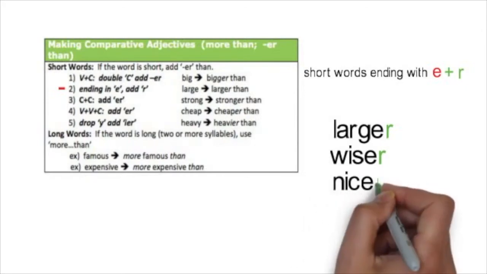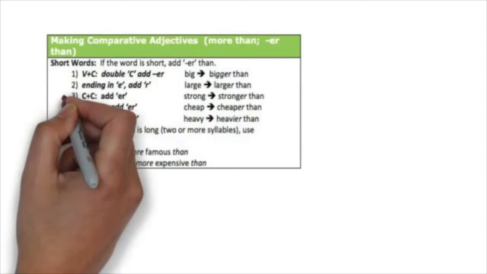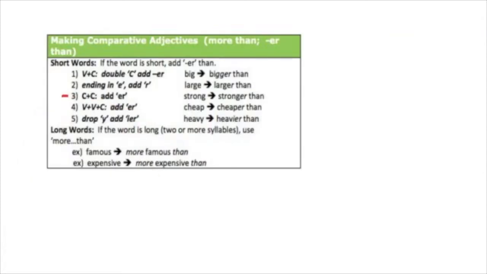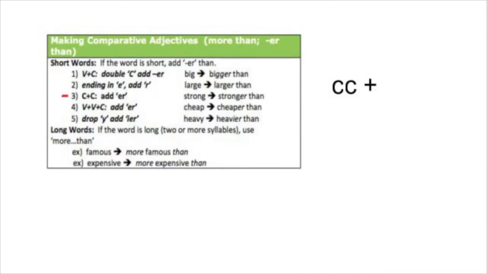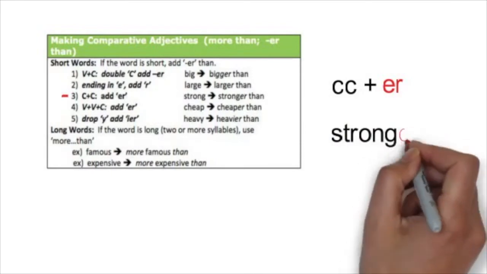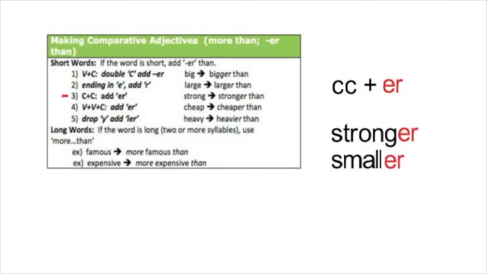Nice becomes nicer. Rule 3. For words ending with two consonants, we simply need to add er. So, strong becomes stronger, small becomes smaller, and quick becomes quicker.